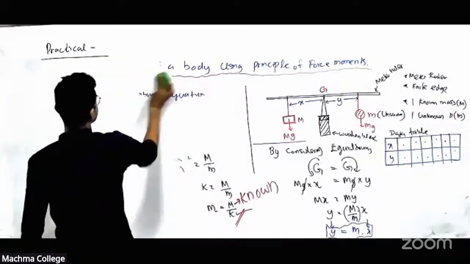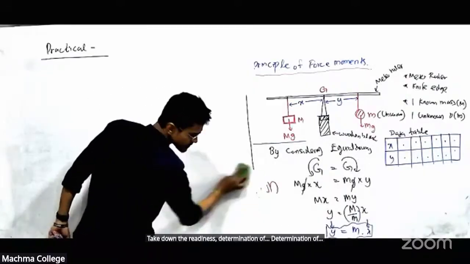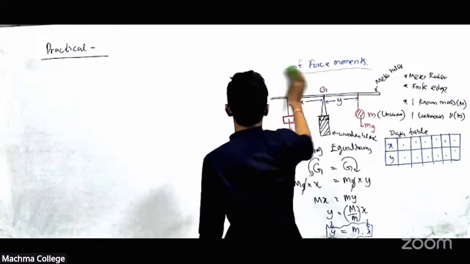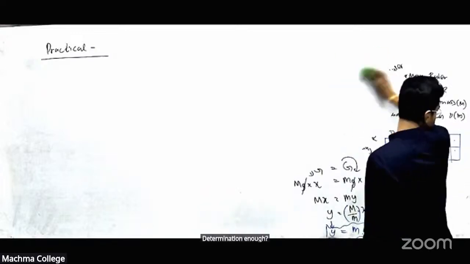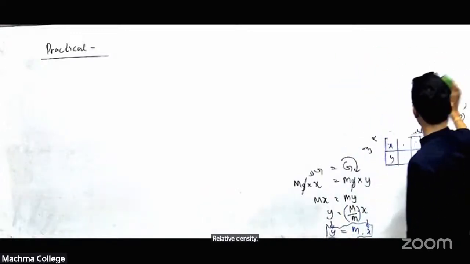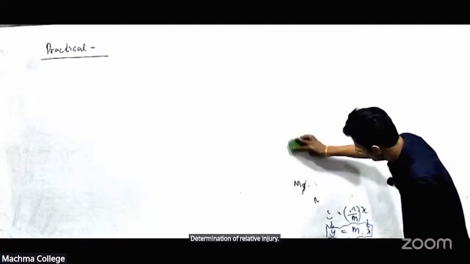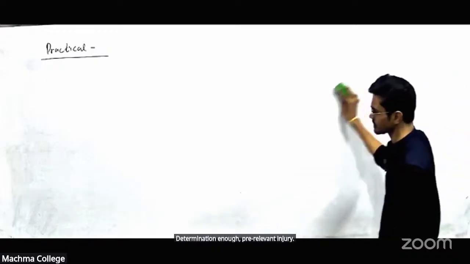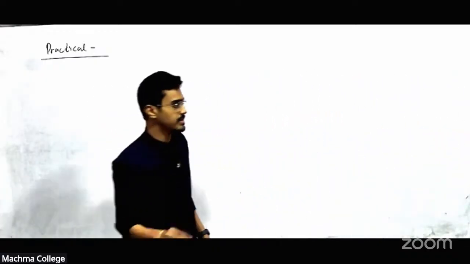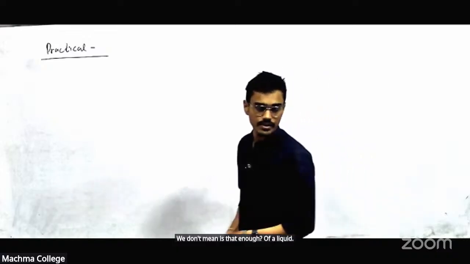Practical number 3. Take down the heading as determination of relative density of a liquid using U-tube.